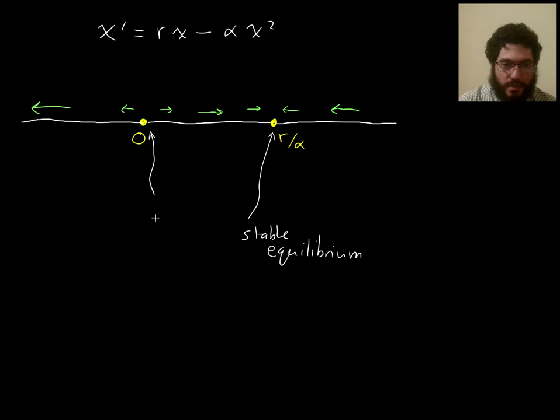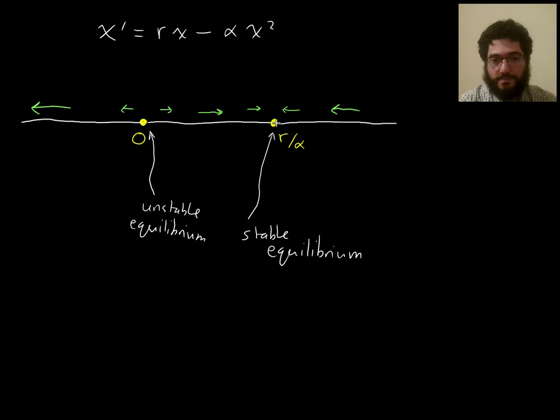And this picture here is an unstable equilibrium. The difference being, they're both equilibria. So if your initial condition is 0, you will stay at 0 forever. If your initial condition is r over alpha, you will stay at r over alpha forever.